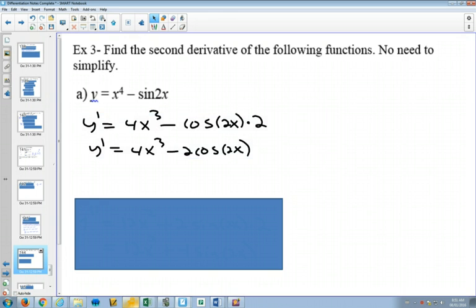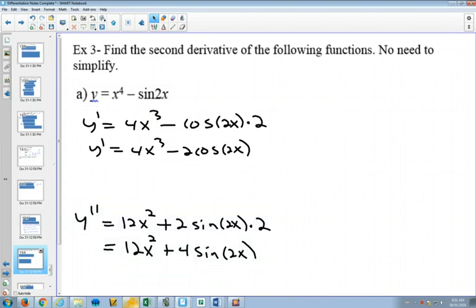Able to see the chain rule in the second one? And then you would have the chain rule in the second one again. And now the derivative of cos is negative sine, so that's why the plus sign appears.